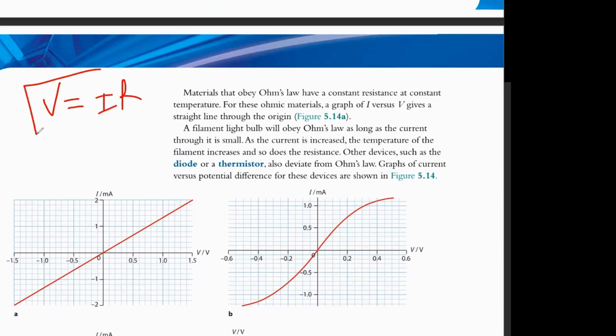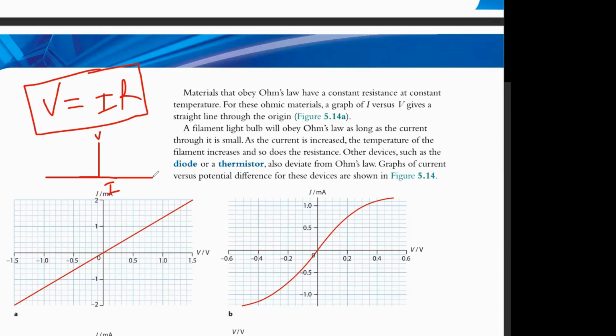Now, if I draw a graph between voltage and current, how will the graph look?